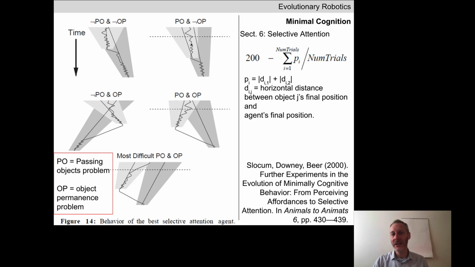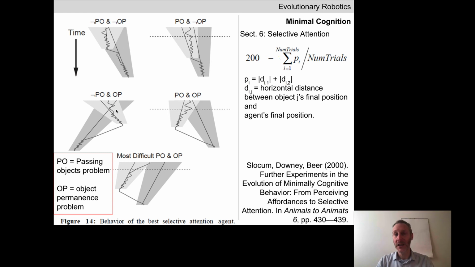And eventually, the robot figures out that it's this object that it should be attending to and gets there to catch it. Then very quickly goes back and catches the other object. You'll notice that both straight trajectories stay within both parallelograms, which tells us that the robot can always see both objects. There is no object permanence problem in this case.